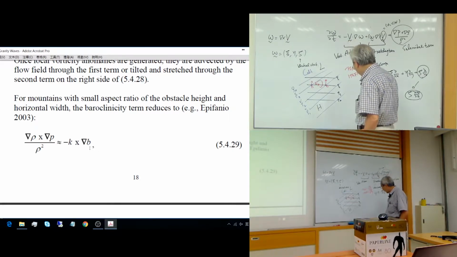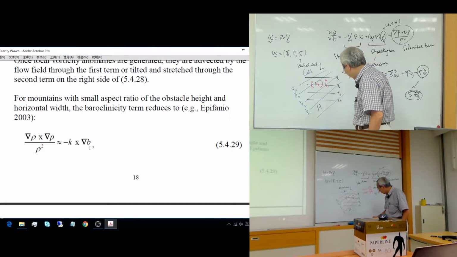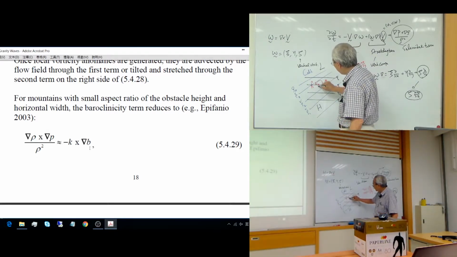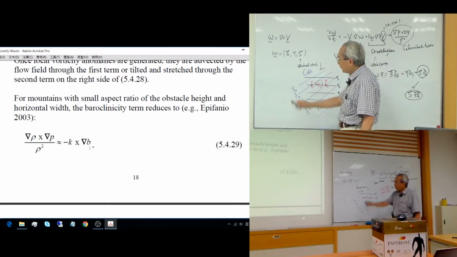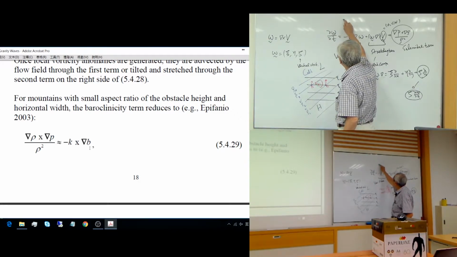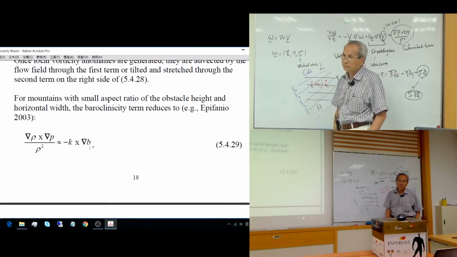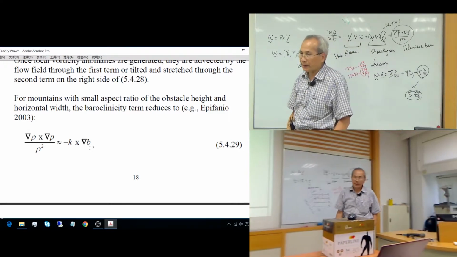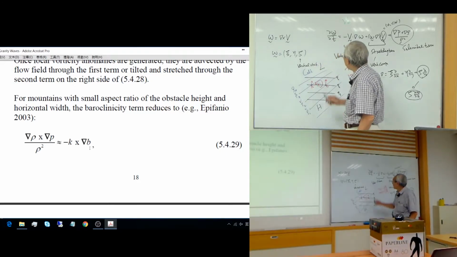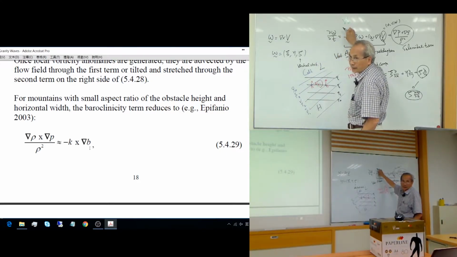So here we can also look at this point. What's the buoyancy there? Buoyancy is related to density.